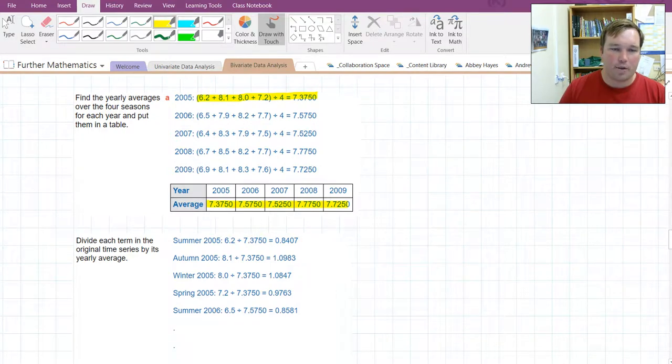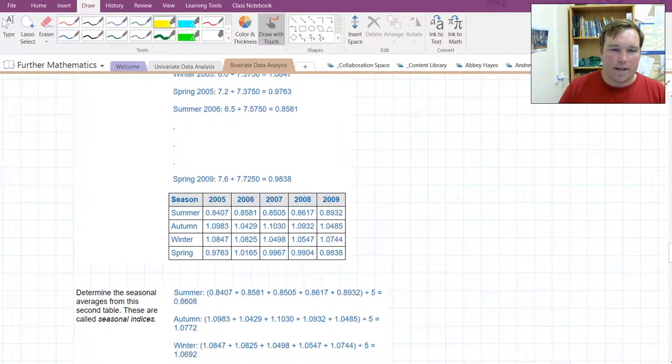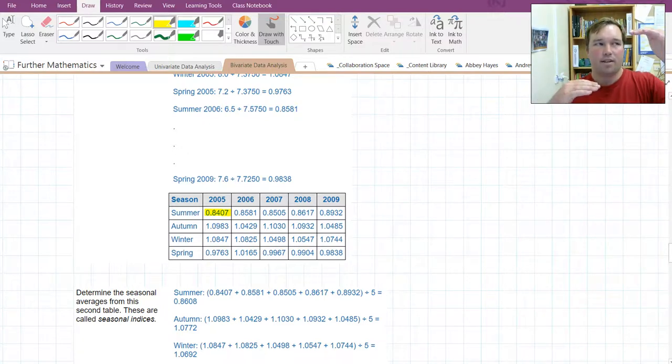So we do summer of 05, we do that summer divided by its yearly average until we get this. So we've done the summer's actual value divided by 2005's seasonal average. And then that gives us the seasonal indice for summer 2005.